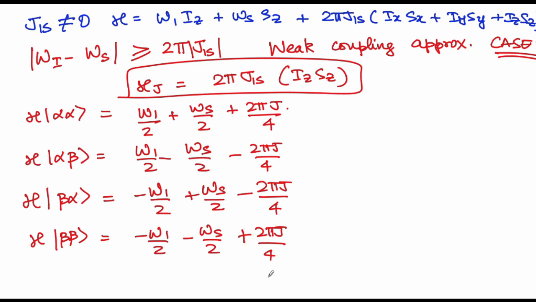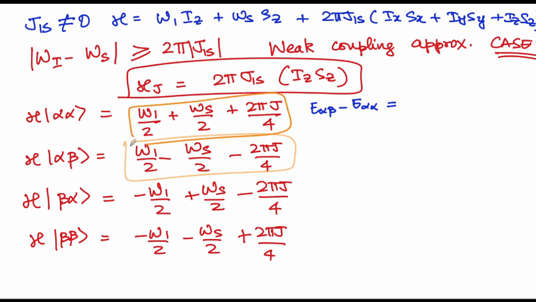So once again, let's do the same exercise that we did, which is calculate the energy difference between the alpha beta state and the alpha alpha state. Once again, this is the S transition because S goes from alpha to beta while I remains in the alpha state. This will be given by the difference between alpha beta and alpha alpha. So when you take the difference, you end up cancelling the omega I similar to the last time, but the other two terms get added up with each other.